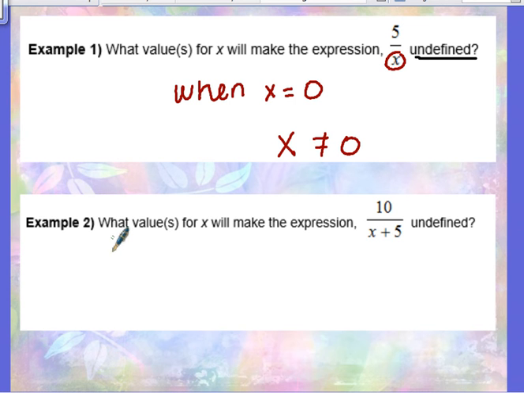Example 2. What value or values for x will make this expression undefined? Notice there's something different in the denominator. What value can we plug in for x, so that we will get 0 in the denominator? Some of you may already know it, but if you're not sure, what you can do is take the denominator and actually set it equal to 0 and solve.